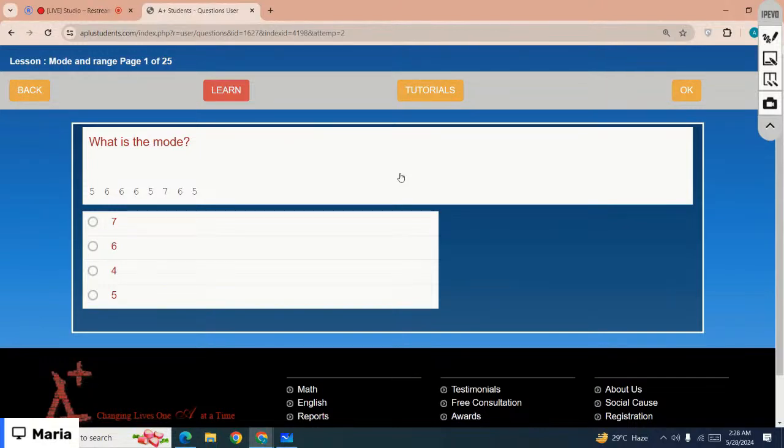What is the mode? 5, 6, 6, 6, 5, 7, 6, 5. So which is the correct option? What is the mode?